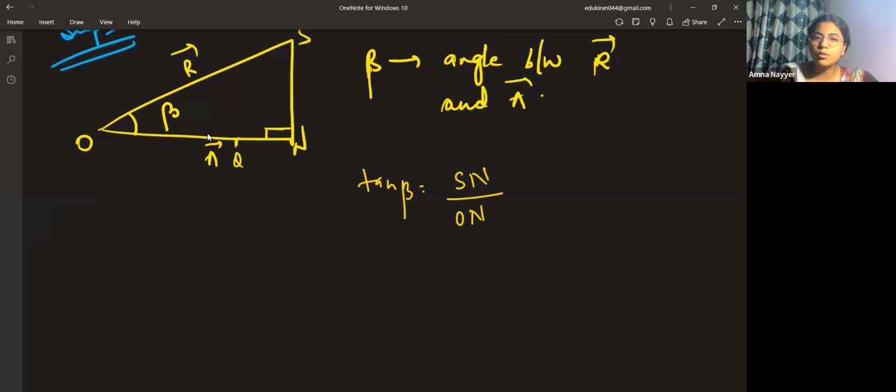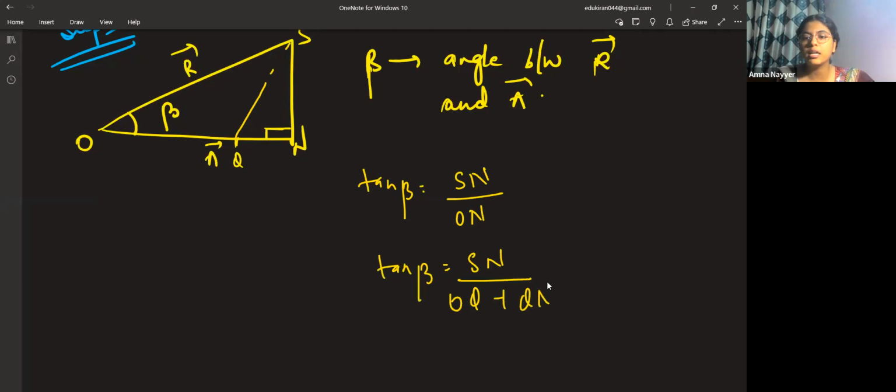Now remember, this On is not a complete side. It is made up of the side of the parallelogram, that is OQ, and the perpendicular that we had dropped. So I can write On as OQ plus QN. I can write tan beta as Sn divided by OQ plus QN.